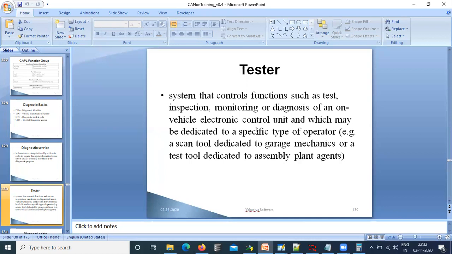The responses produced by the ECU for each request are called physical responses. The request raised by the tester for all ECUs in the network is called a functional request. The response produced by all the nodes in the network is called a functional response. So that's how it is.